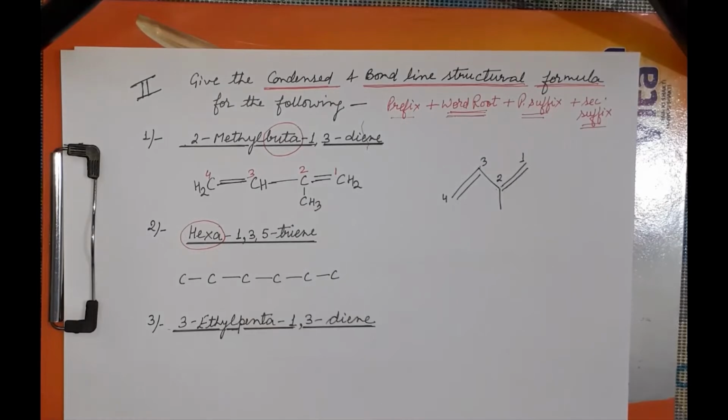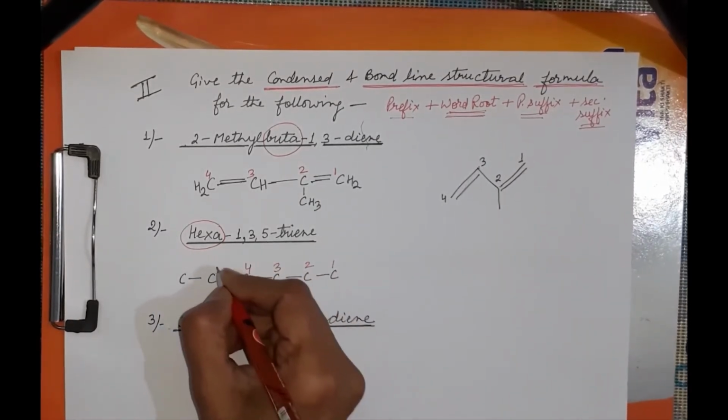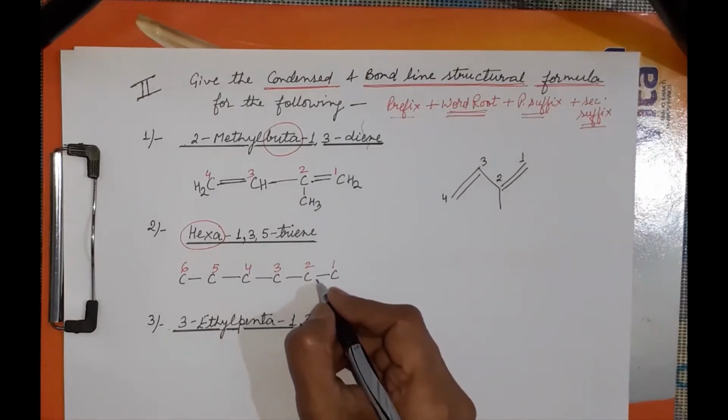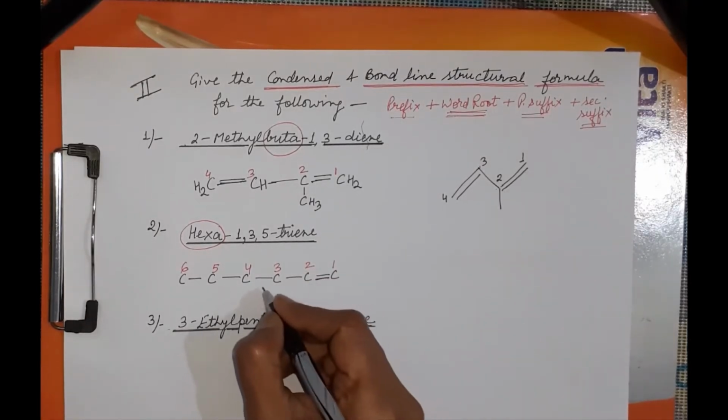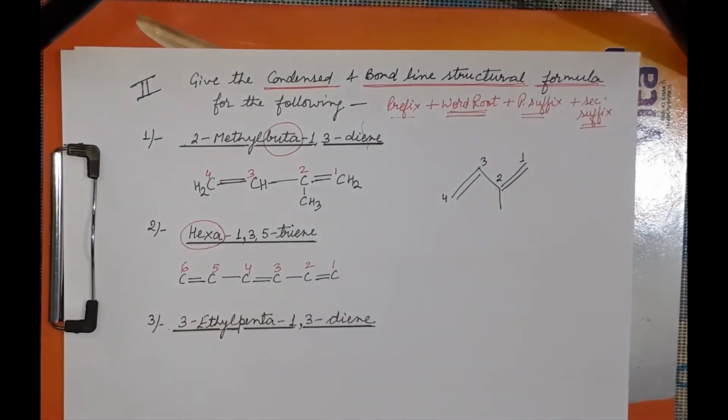So this is 6 carbon atoms, 1, 2, 3, 4, 5, 6. No substituents are there. 1,3,5-triene means 3 double bonds are there and the positions are number 1, number 3 and number 5. So this is the position.